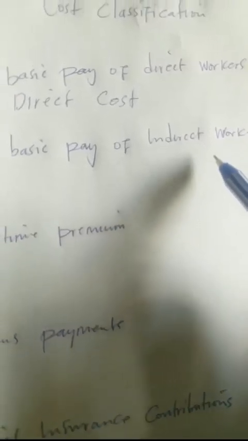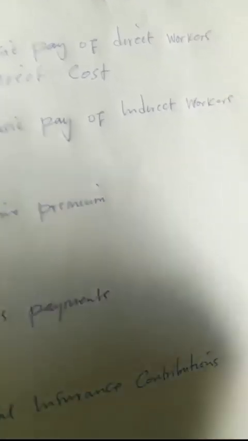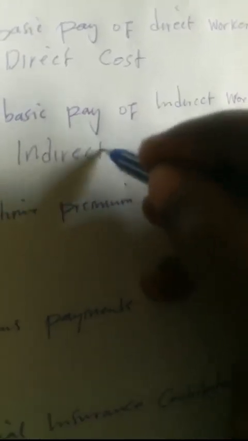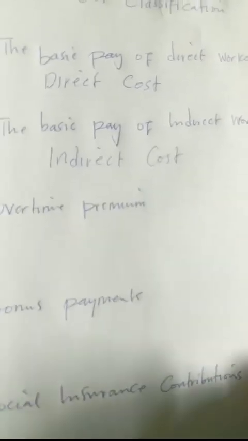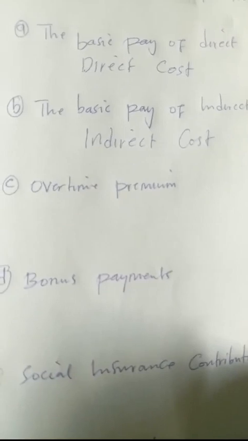So this one is an indirect cost. This will make sense where we are going, but for now, this is what you need to understand.